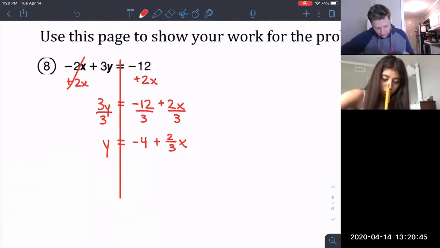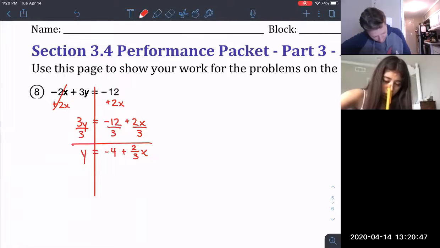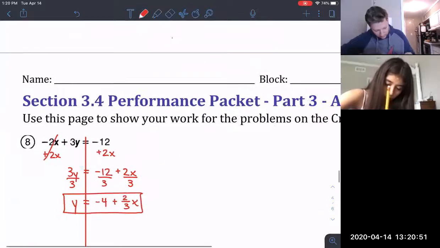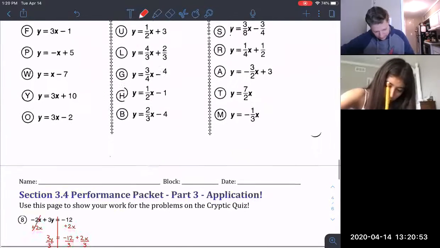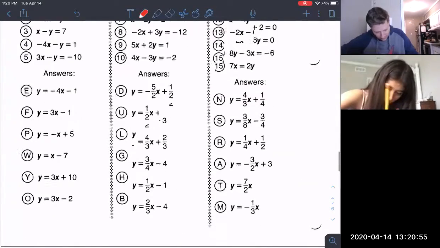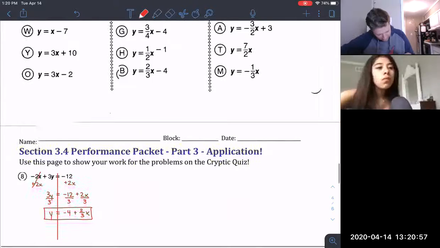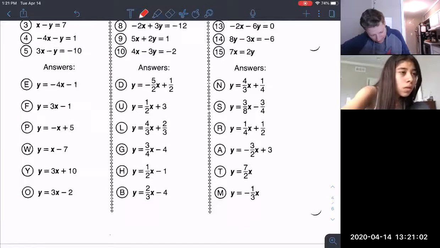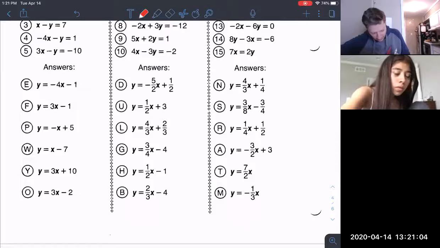Okay, so this is our answer, but remember, we can write these terms either way. So we're going to go back to the answers for the middle column, and we're going to look for y equals negative 4 plus 2/3 x. Well, the x terms come first in all of these. You see that?